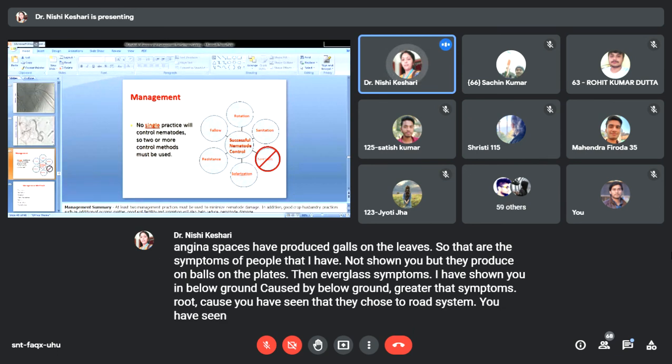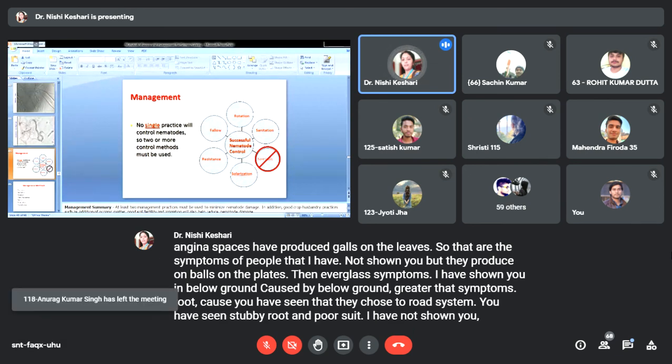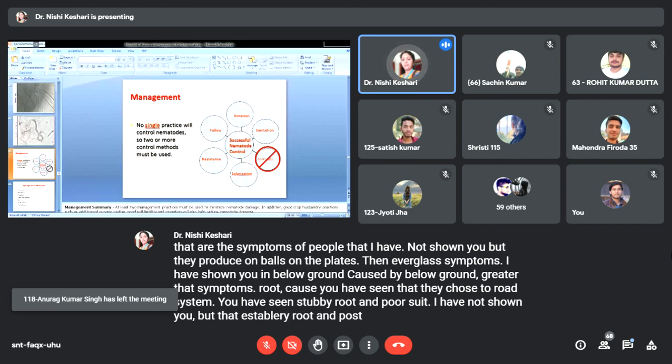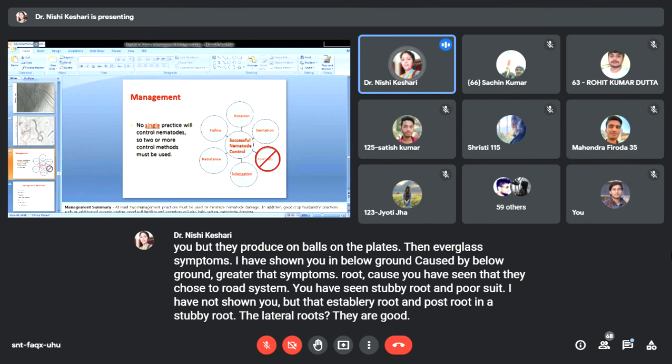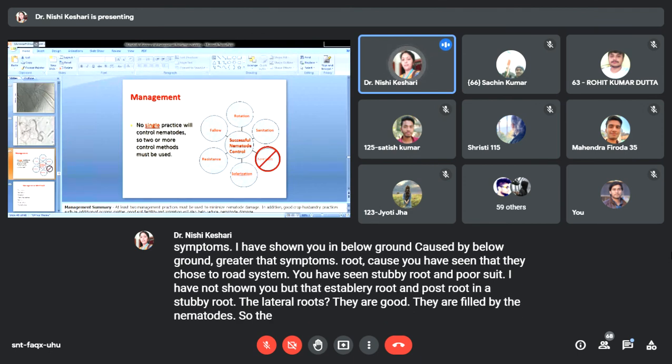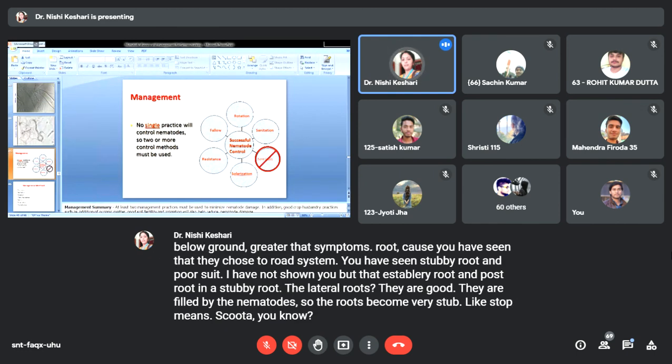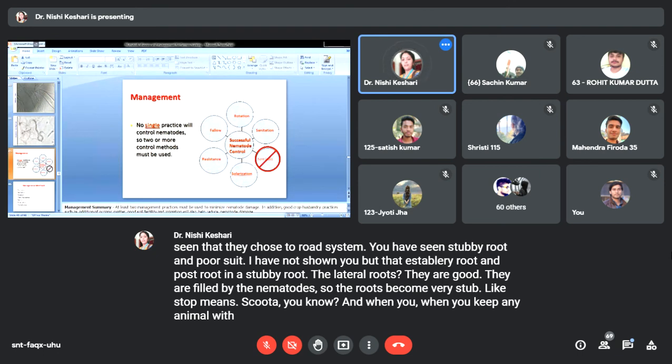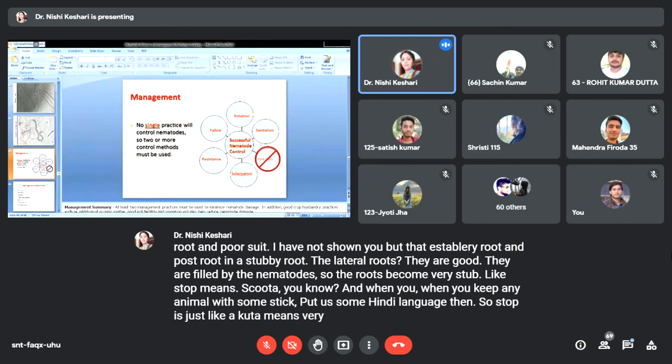Stubby root and coarse root I have not shown you, but in stubby root the lateral roots are fed by the nematodes, so the roots become very stub like. Stub means khuta. Khuta, you know, when you tie any animal with some stick, खूटा समझ रहे हो ना, जो हिंदी जानते हैं.